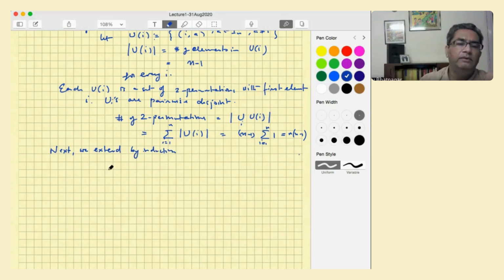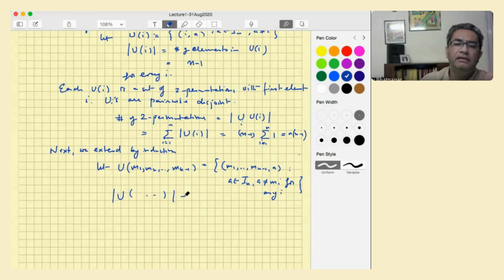So we take, let U of (m1, m2, up till m_{k-1}) be this permutation, and a, where a belongs to I_n and a is not equal to m_i for any i. So now how many of these are there? So there were possibly k minus 1 of them.